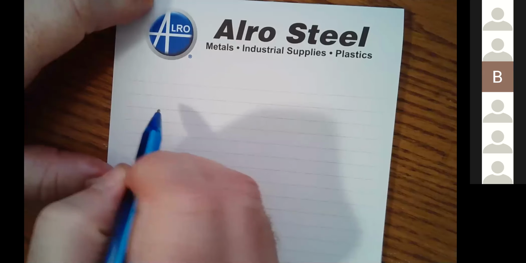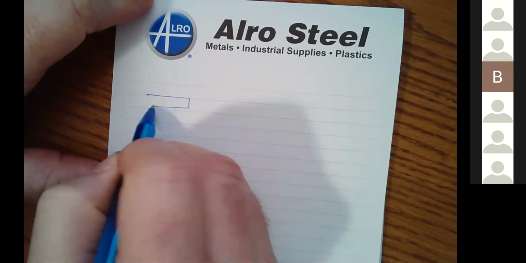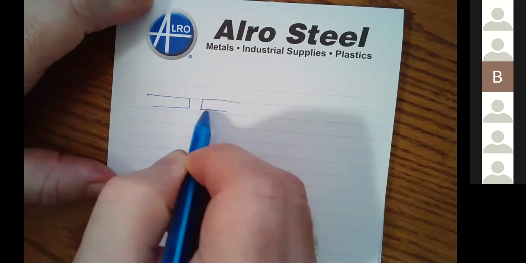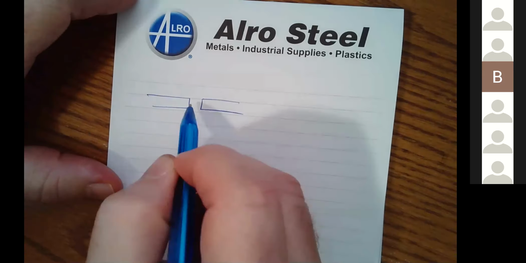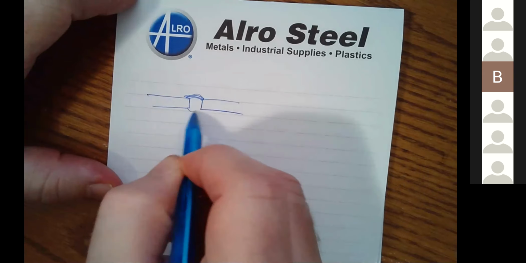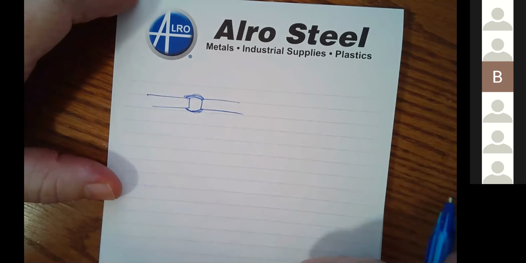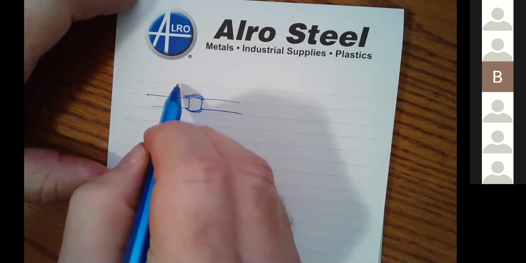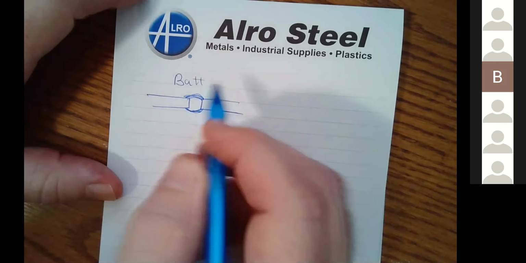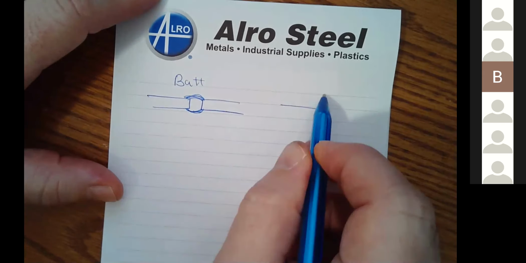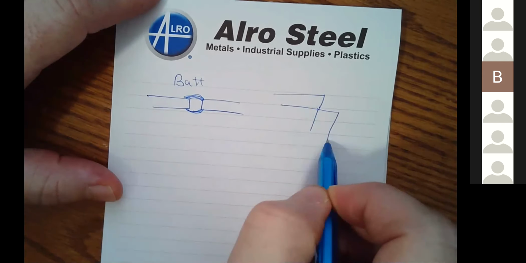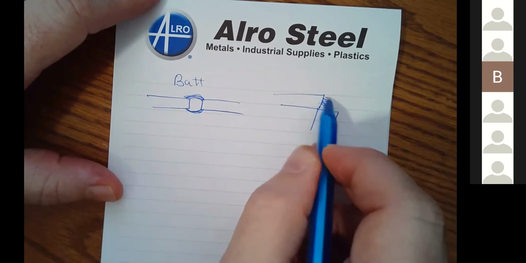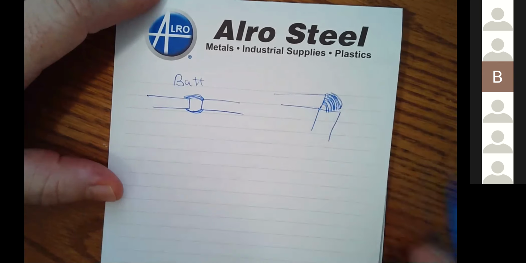What's this joint right here? A butt joint. How about this joint?